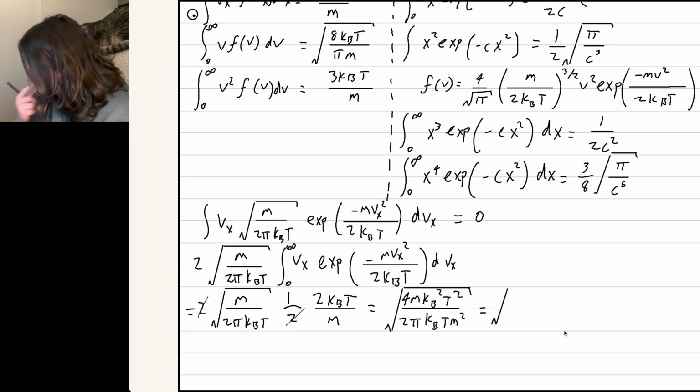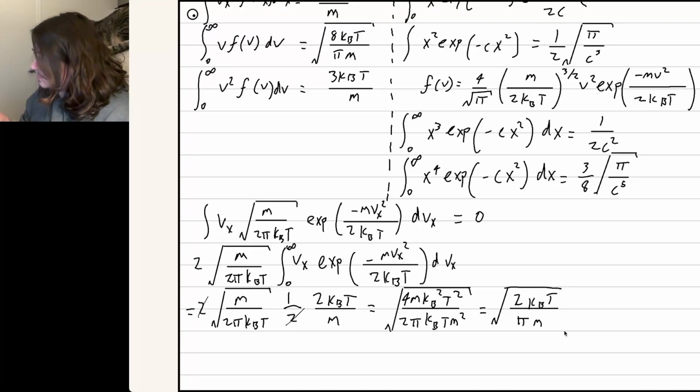You end up with an m on bottom and a kbt on top. So 2 kbt over pi m. Just checking that that's what Blundell got. Yeah.